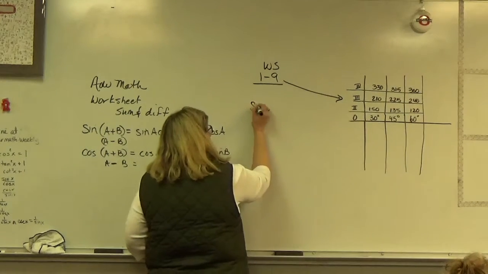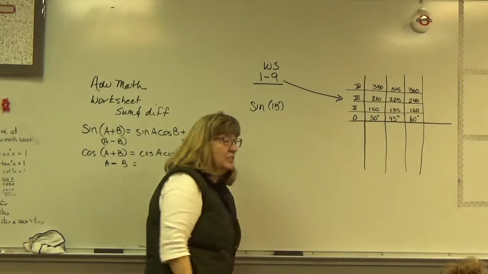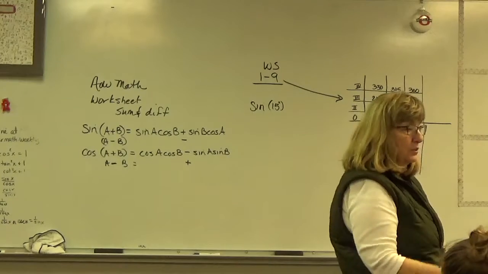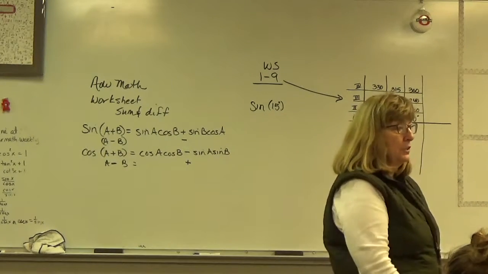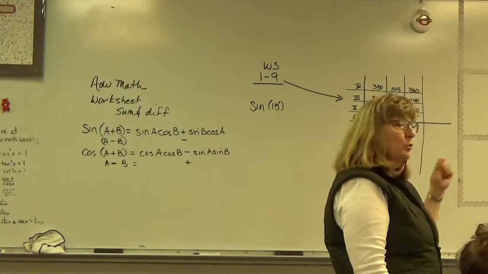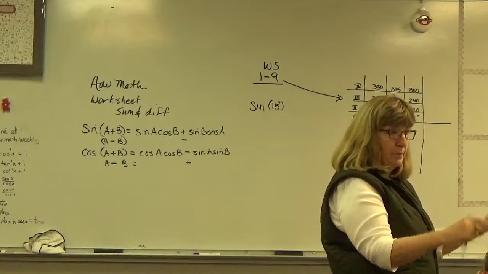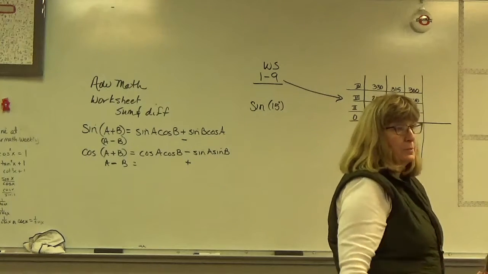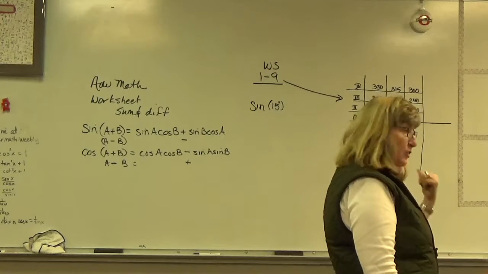If I want to find the sine of 15 degrees exactly, and the reason I'm going to say exactly is you guys can hit your calculator and find the sine of 15 degrees, right? Yes. There was, and it's been some time, probably about 15 years ago, a bridge in one of the New England states, which are the blizzards happening now, that collapsed. And the reason it collapsed is one of the engineers didn't do exact trig.